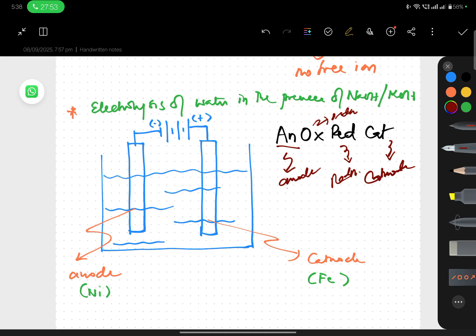Reduction. What is reduction? Gain of electron. So gain of electron will happen at cathode. Loss of electron will happen at anode. Am I right or wrong? Yes, sir. Yes, thank you.